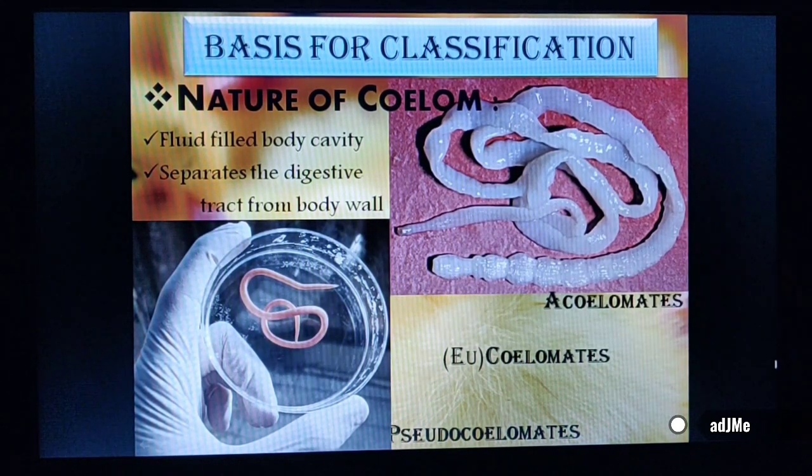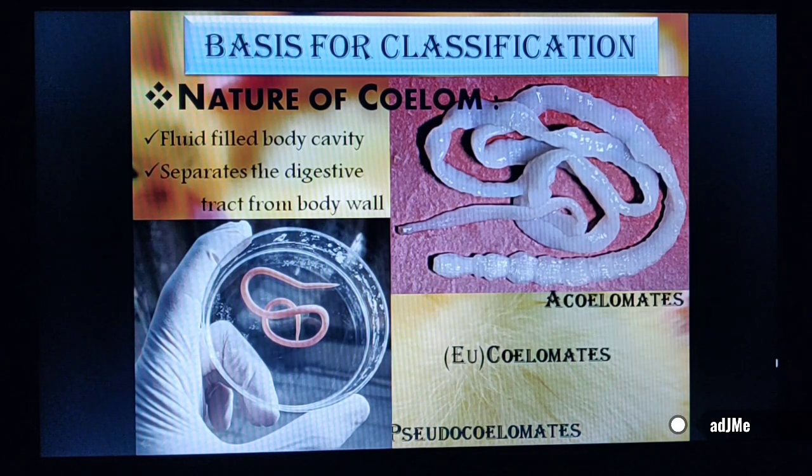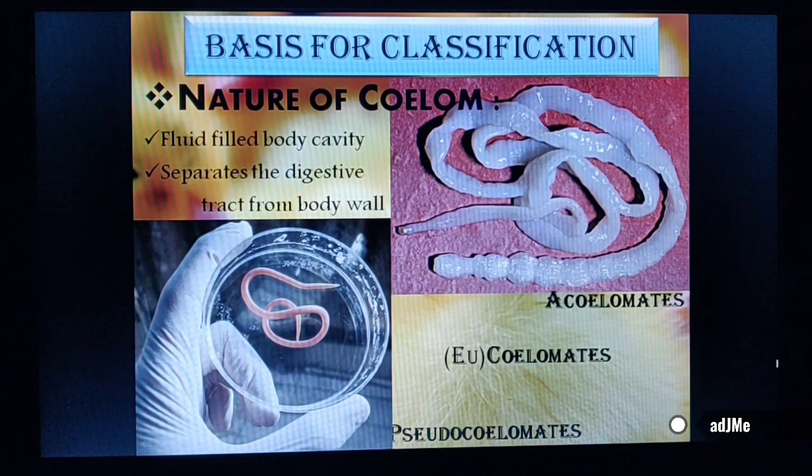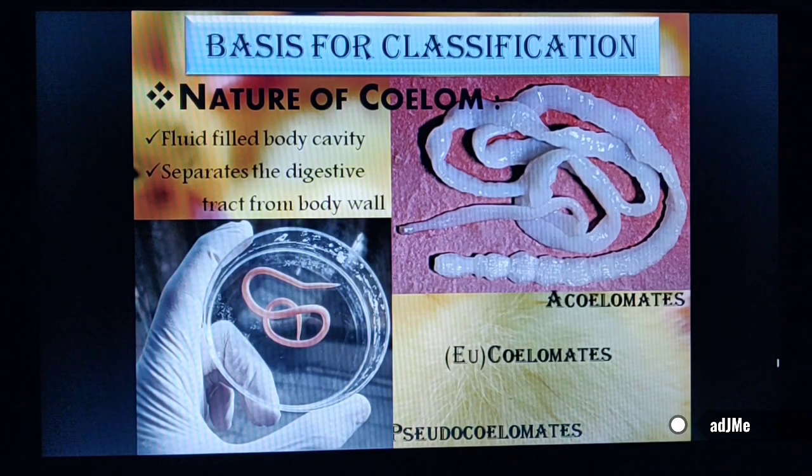If the animal does not have a body cavity at all, no fluid filled body cavity at all, then those are called acoelomates. For absence of coelom, you use the prefix A. In many concepts you come across this, for example, asexual reproduction, aerobic, anaerobic respiration. Like that, A, or we use AN. So here we use A, acoelomates, where the body cavity is absent.